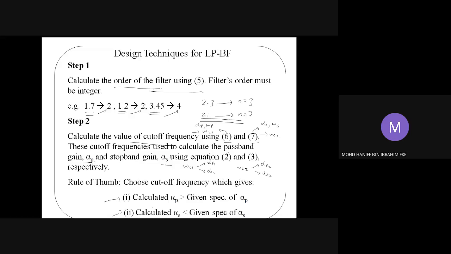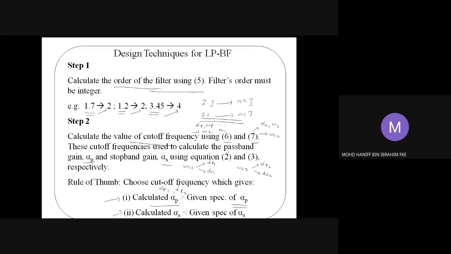The first condition is that the calculated alpha p, whether it's alpha p1 or alpha p2, must be greater than the given specification of alpha p.